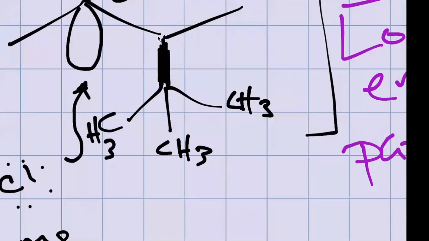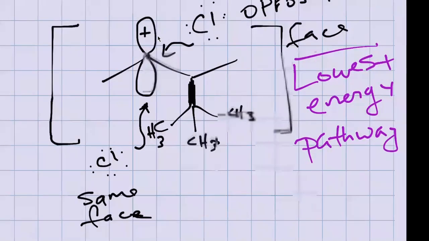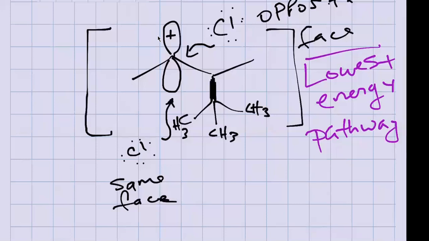Right, so it's huge. So if something is trying to come from that side, that's bad, right? It's going to cost a lot of energy because you're going to get a big steric interaction. And anytime you have a steric interaction present, it's going to increase the energy.